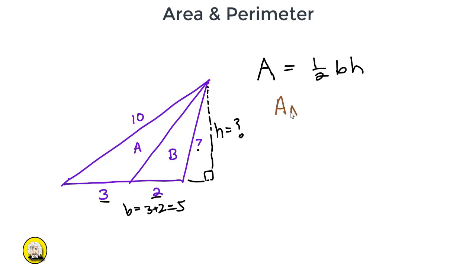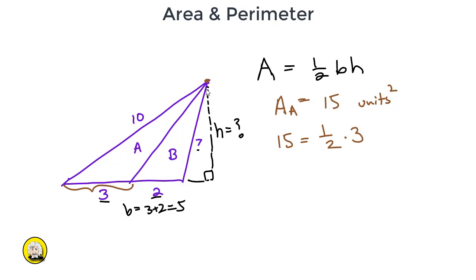We could use that information to derive our height. So for example, if the area of triangle A is 15 units squared, and I know the base of triangle A is 3 units, then 15 equals 1/2 times base 3 times my height, which we'll denote by the variable h.